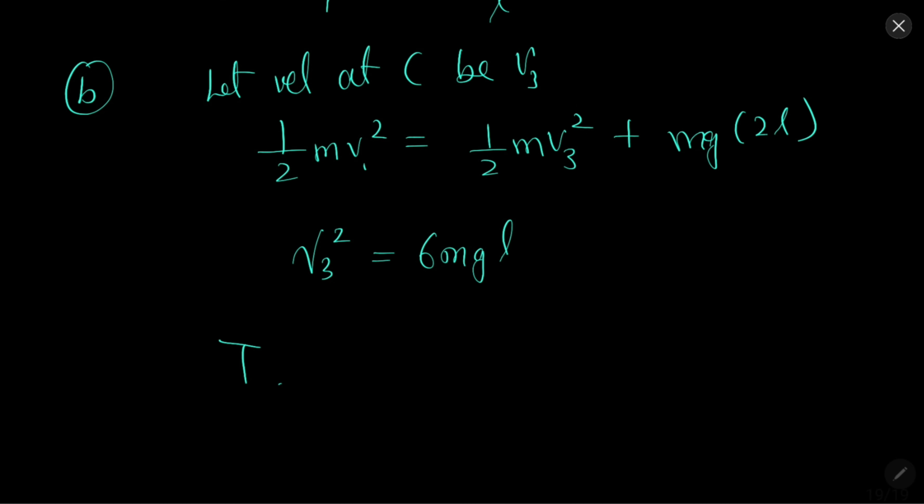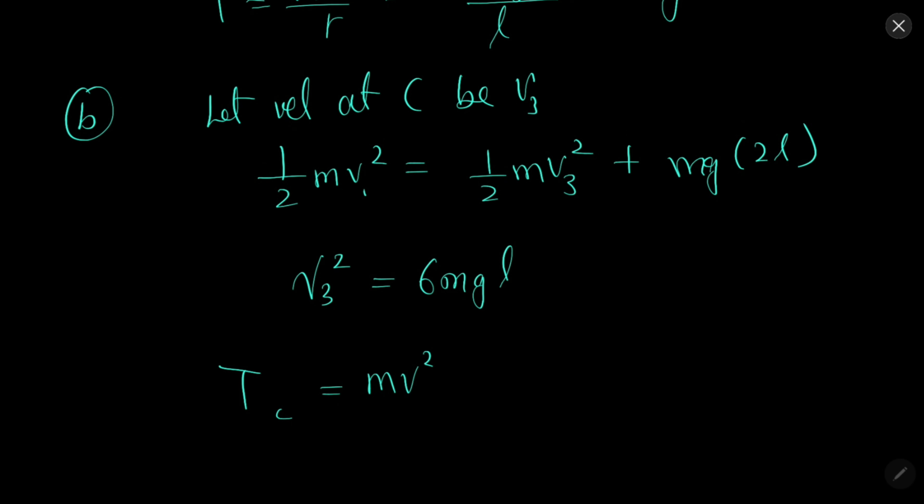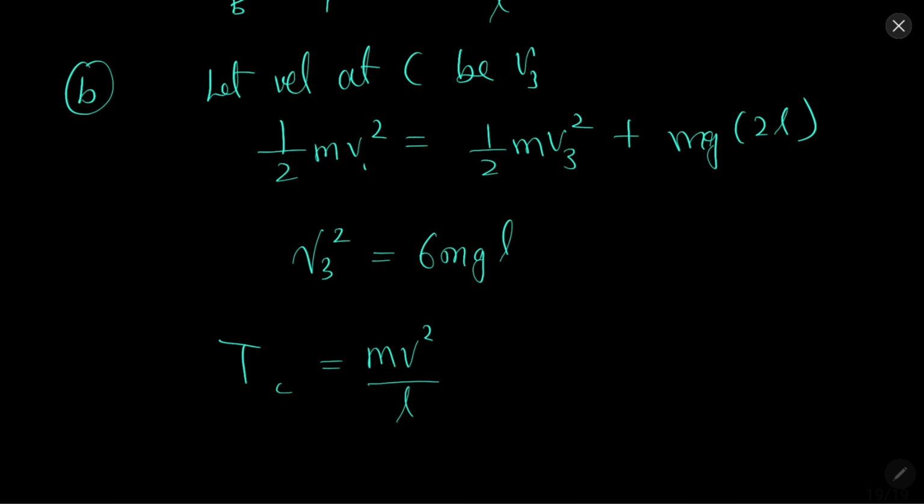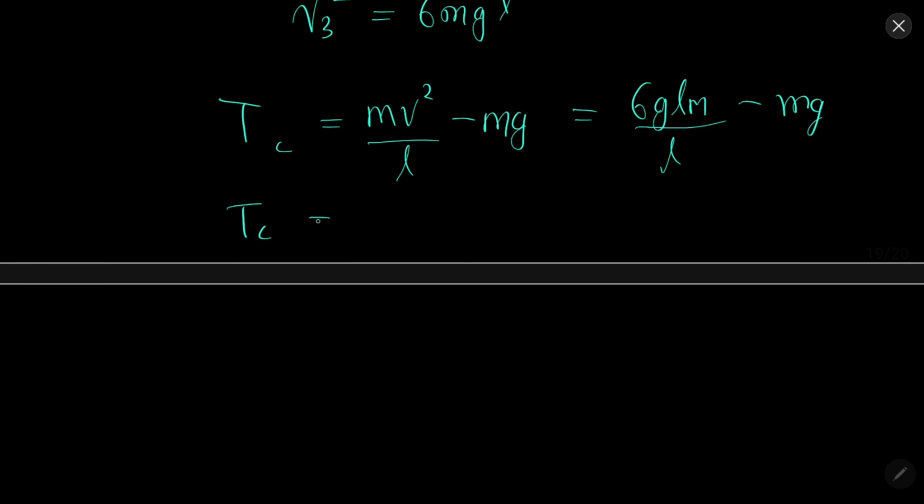So tension at C will be mv square over L minus mg, that is m into 6gl over L minus mg. So the tension at C will come out to be 5 mg.